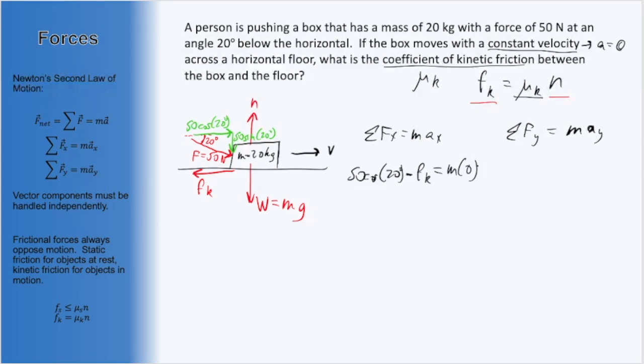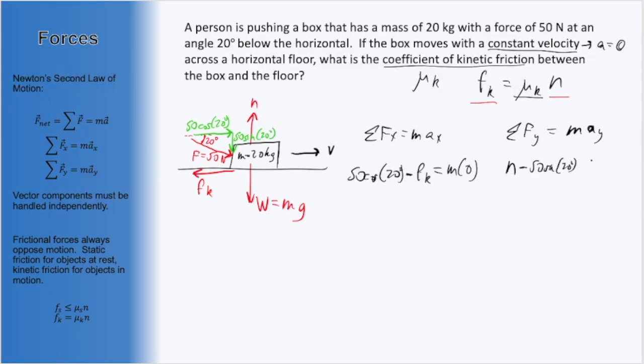Meanwhile, what does our y direction equation look like? When we're adding up our forces, we're considering what is going up or down, up as positive again and down as negative. In this case, normal force upward, so positive N. We have the vertical downward component of our pushing force, so minus 50 sine 20 degrees.